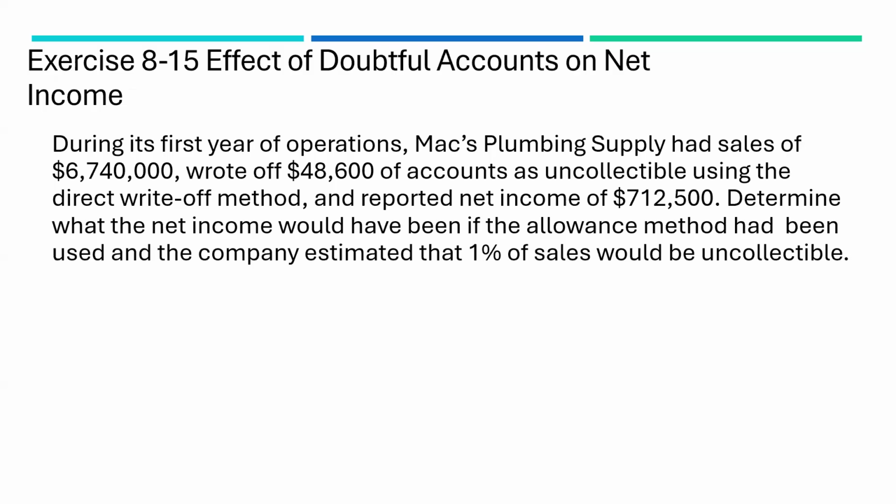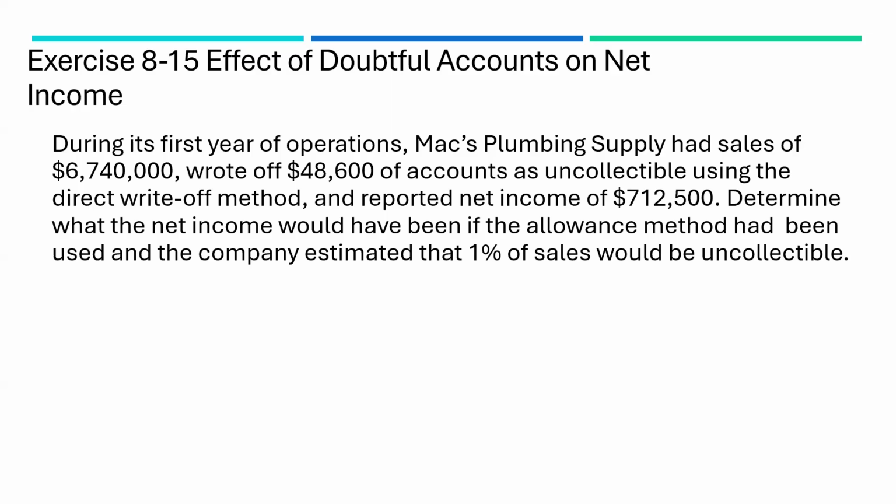So the initial reported net income was 712,500. To calculate what the net income would be, we would take 1% of that, which is 67,000, and subtract that from 712,000.